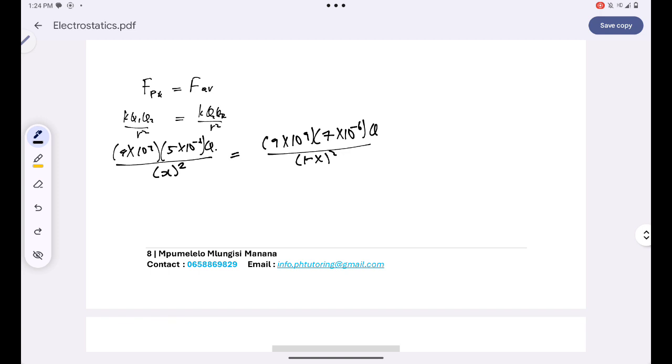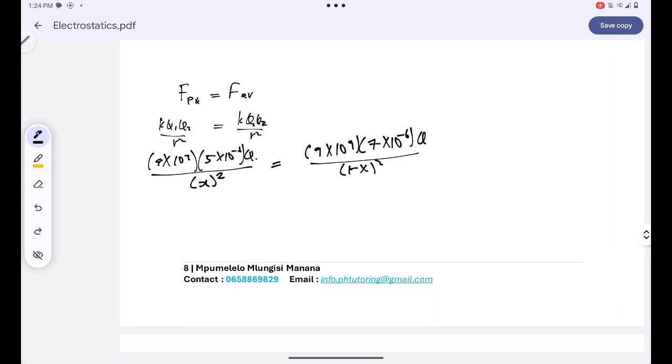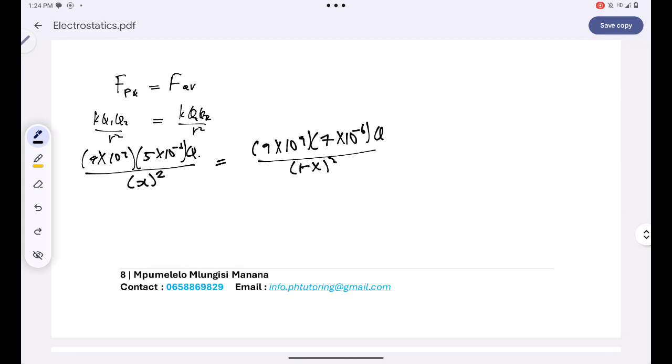So I'm basically solving for x over here. Let me punch my calculator. On the left hand side, I'll simply have 9 times 10 to the power 9 multiplied by 5 times 10 to the power negative 6.